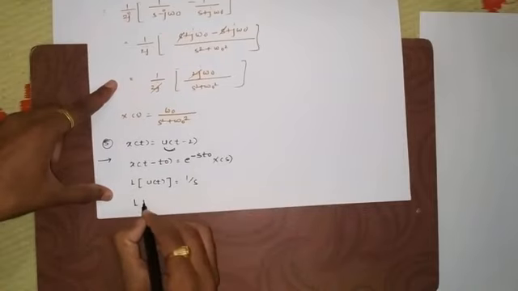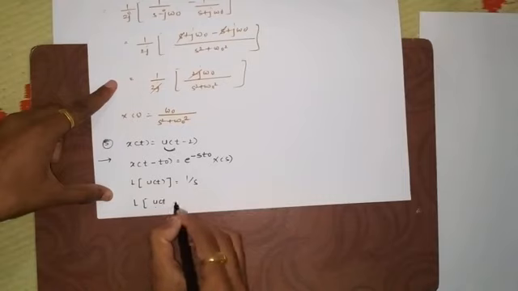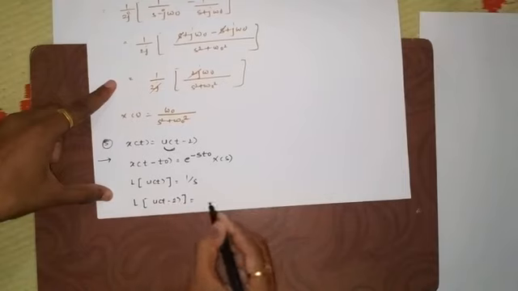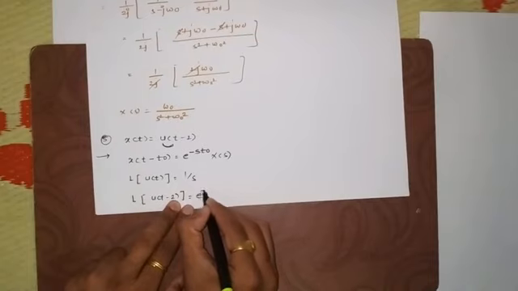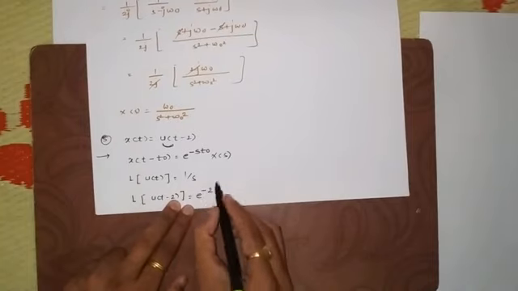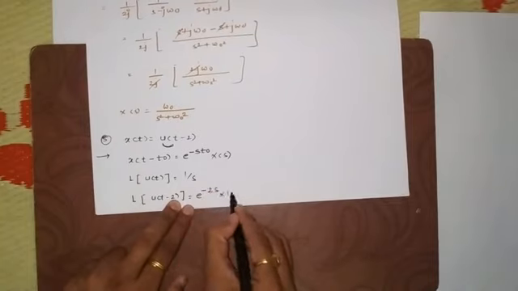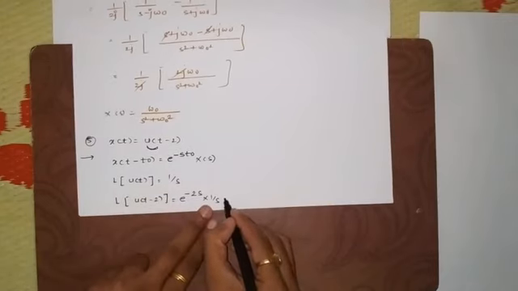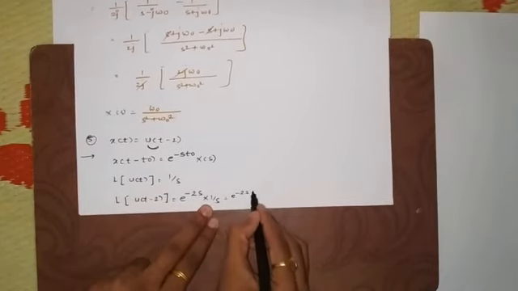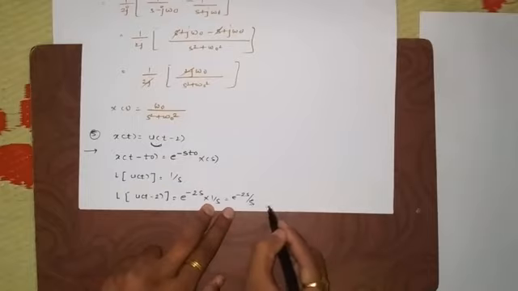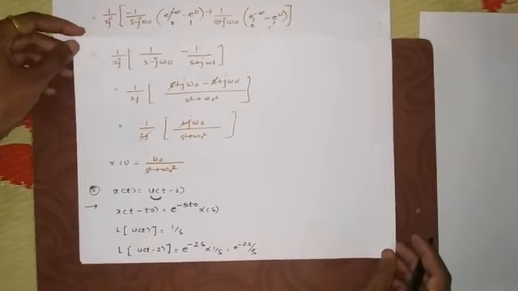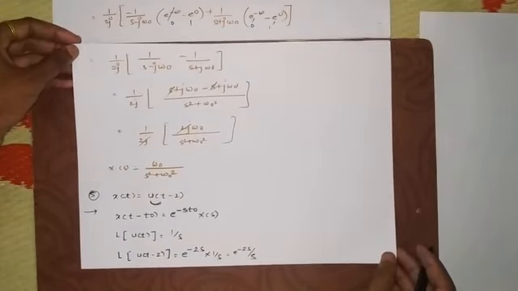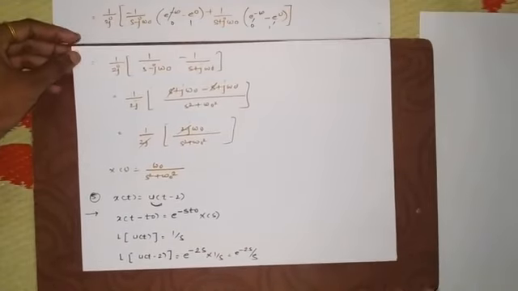So we'll write Laplace of u of t minus 2 is, the delay is of 2 seconds, so we'll write e raised to minus 2s into x of s, which is 1 by s. Therefore it becomes e raised to minus 2s upon s. So this is by time shifting property. If the time permits, we'll try to make another lecture on properties of Laplace transform.